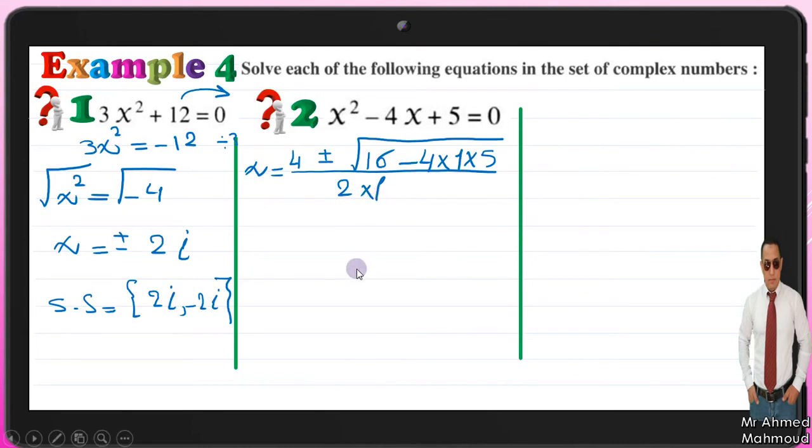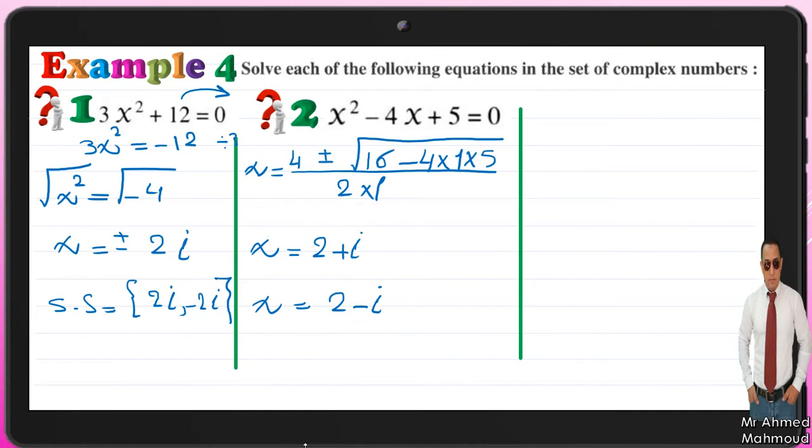So x, I will write this one on the calculator. So x1 equals 2 plus i, and the other x equals 2 minus i.